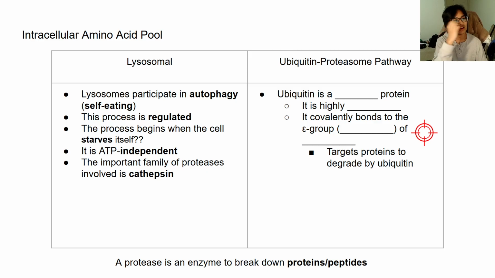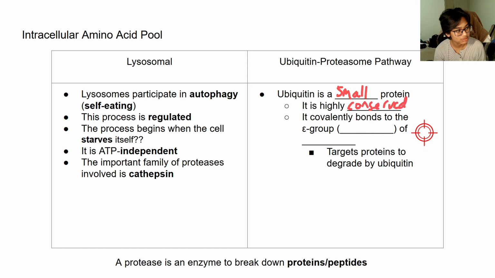Okay, now we're going over the ubiquitin proteasome pathway. This one is a little more confusing to me because there's not as much that I have written down for it. So ubiquitin is a small protein. I don't know why I wrote that down. It is highly conserved.